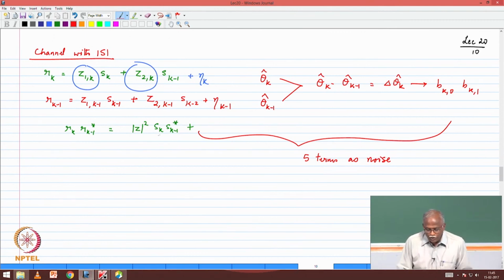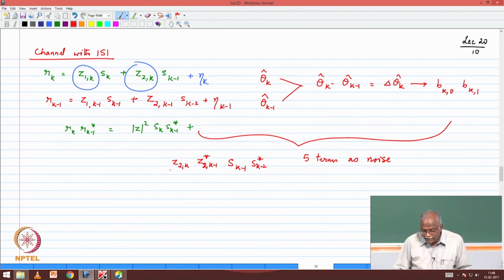Okay, what you can get, for example, is Z2 comma k, Z1 k minus 1 conjugate, Sk minus 1, well, that's not a good example, Z2 k minus 1 conjugate, Sk minus 1, Sk minus 2 conjugate. Okay.